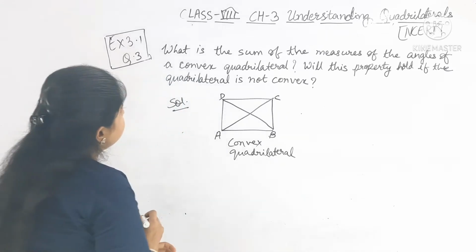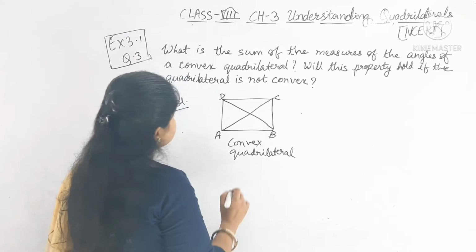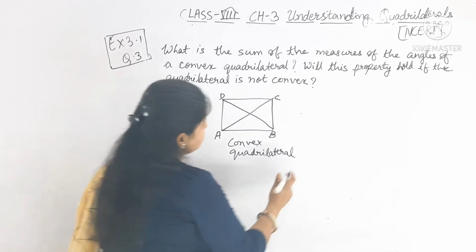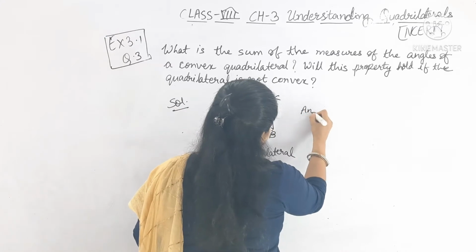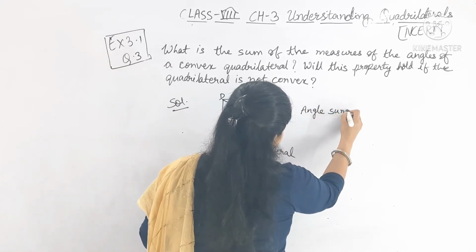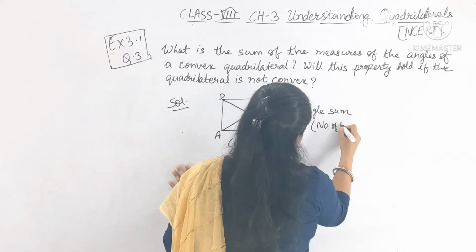Okay, so here it is given, what is the sum of the measures of the angles. Okay, so here for angle sum, equal to number of sides.